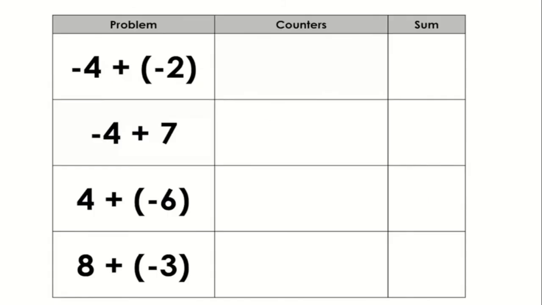To check if you really understand how to add integers using counters, let us have the following problems. Negative 4 plus negative 2: negative 4 is 4 red counters added with 2 red counters. Combining them, there will be 6 red counters all in all.